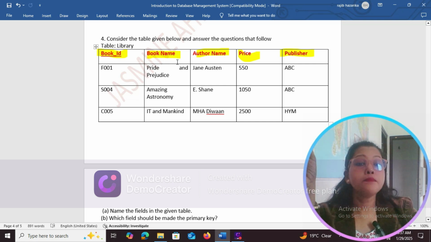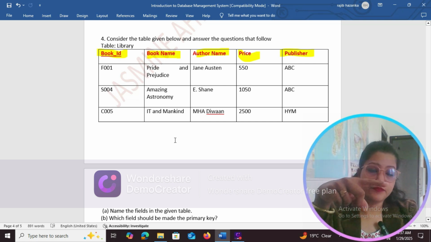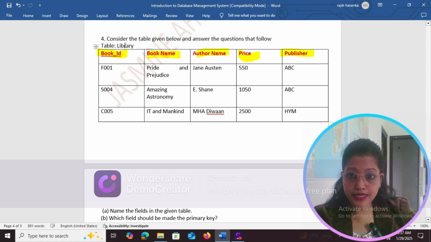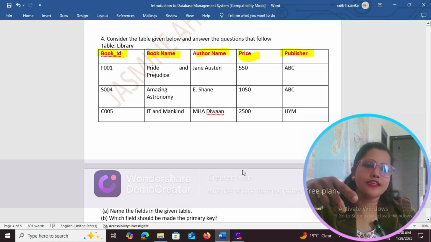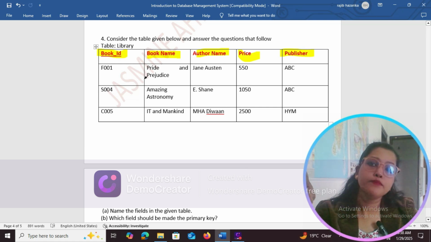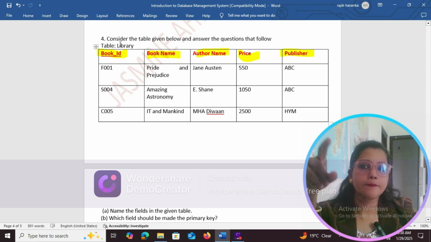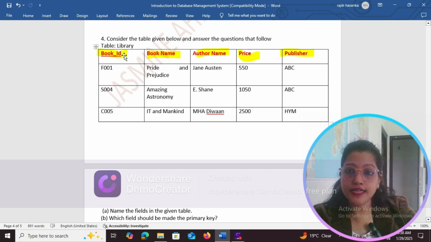So in that table, book ID which is taken from the library table will become a foreign key, as it is foreign to that particular table.